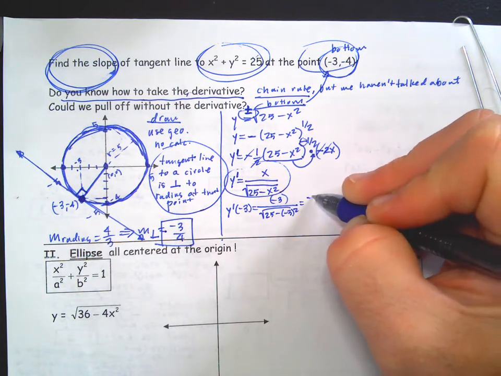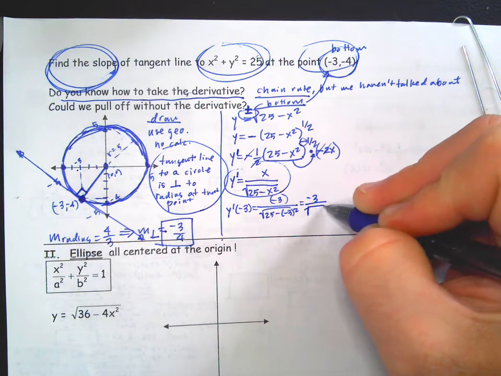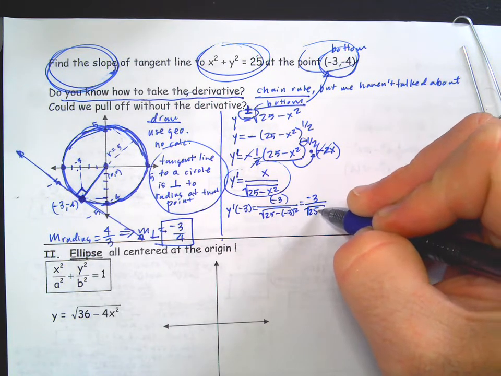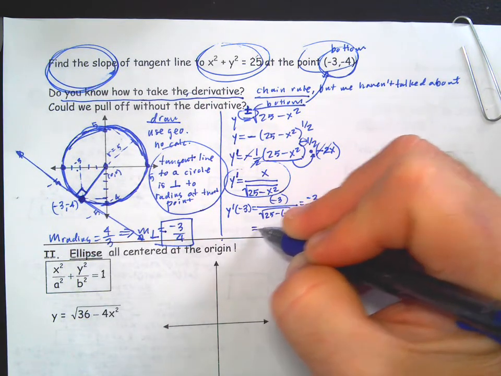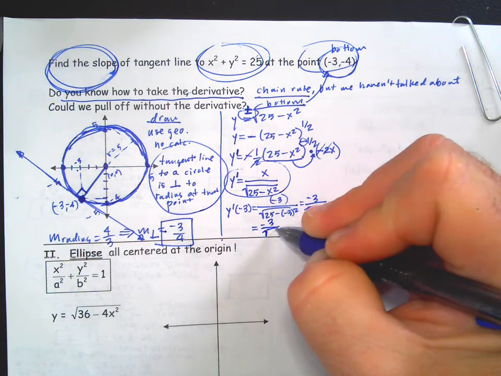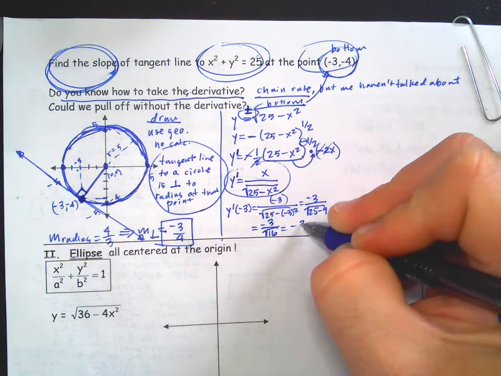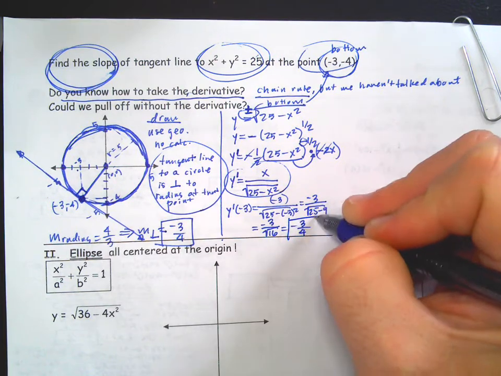And so we get -3 over the square root of 25 minus 9, which is -3 over the square root of 16, which is -3 over 4 for the slope of the tangent line.